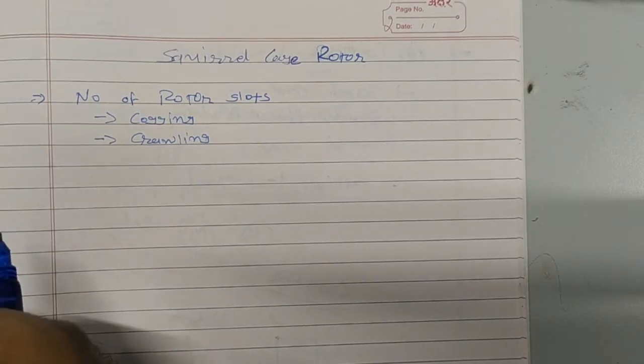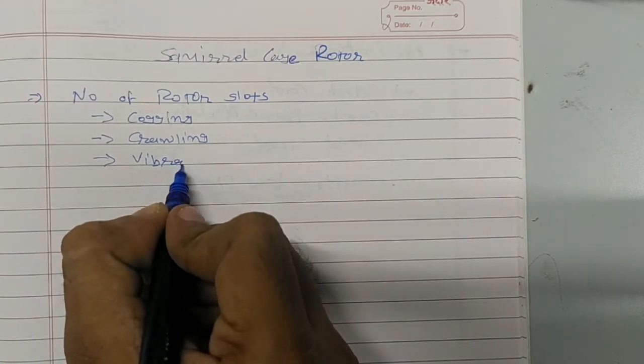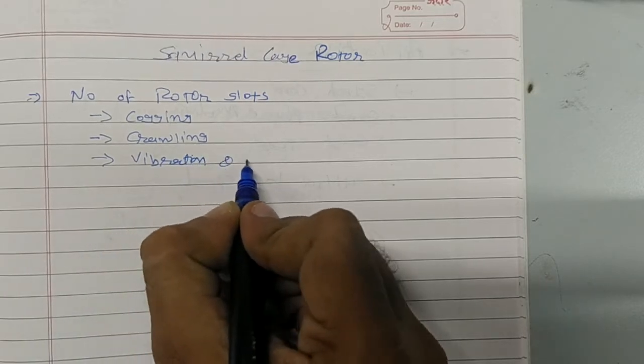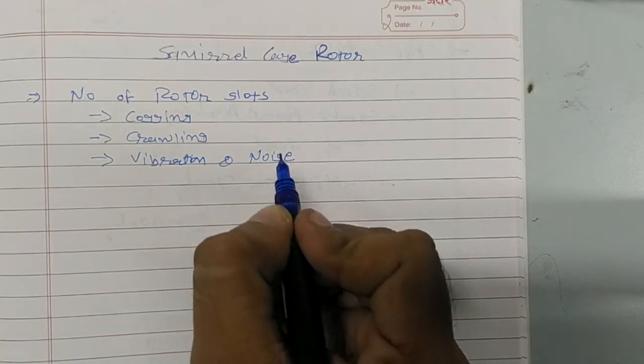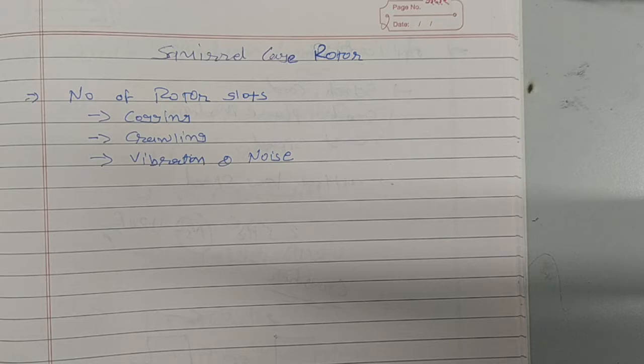So let us go to the third point, that is the vibration and noise. So when the rotor is running, the teeth are moving with respect to the stator teeth, and this results in the rapid variation in the flux density in the air gap, so that it produces rapid changes in the force of attraction between the stator and rotor teeth, and these teeth will respond to this variation in the force, and they will create the vibrations.